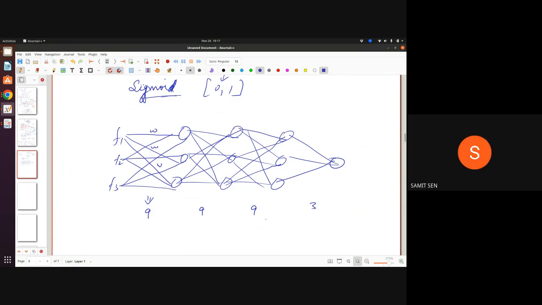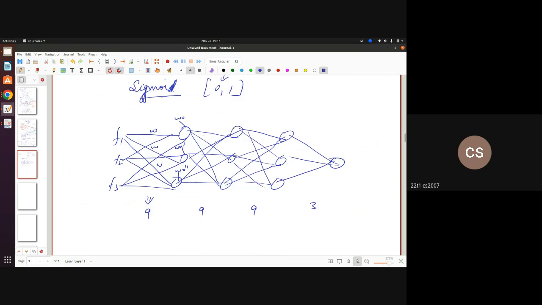We are also told that there is a bias, which means at each neuron there will be one more, that W naught or b that we spoke about. W naught dash, W naught double dash, whatever; I just want to say that they are different.